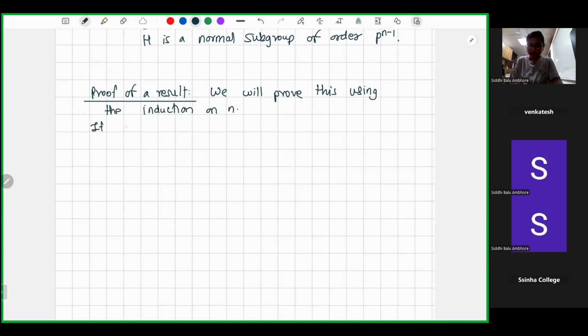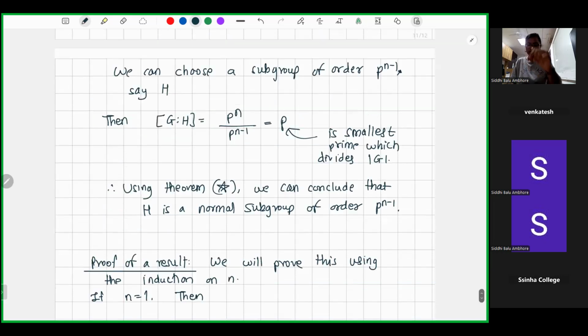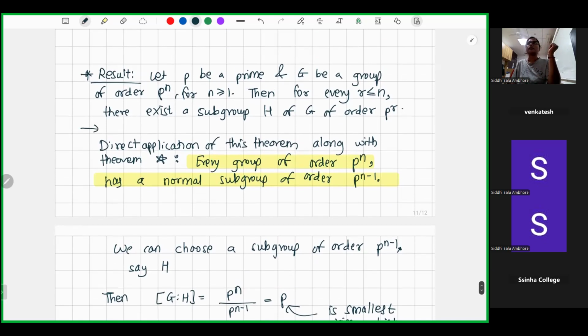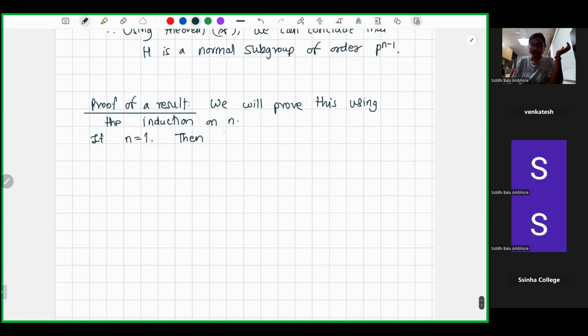If n is equal to 1, then it's true, right? If n is 1, then the cardinality of G is p.